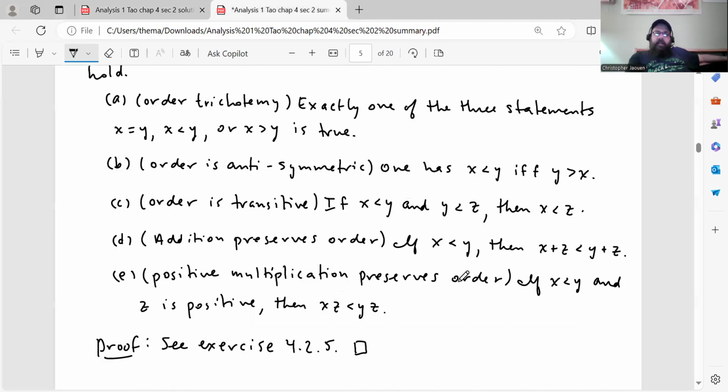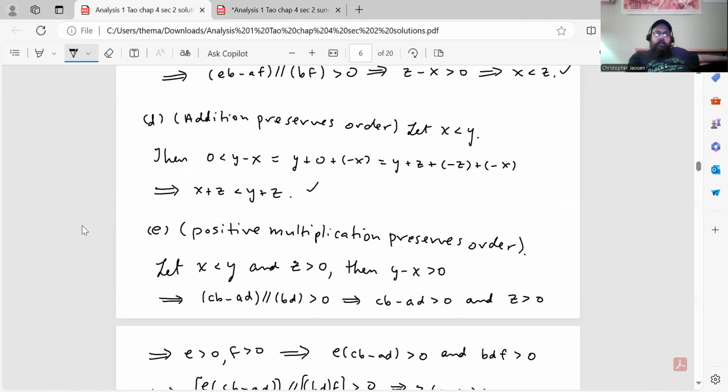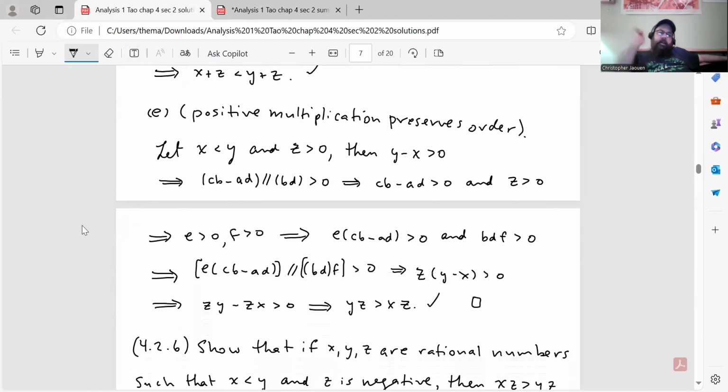So in other words, if x is less than y, then x plus z is less than y plus z. Right, so here it is. Let x < y and z > 0, then obviously y minus x is positive, which implies that (cb minus ad) over bd is positive, which means that cb minus ad is positive, and also z greater than 0 implies e greater than 0, f greater than 0 implies e times (cb minus ad) positive and bdf positive.